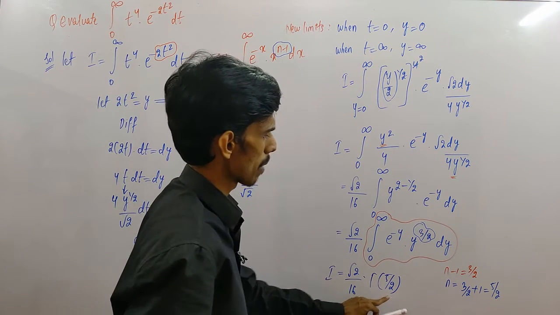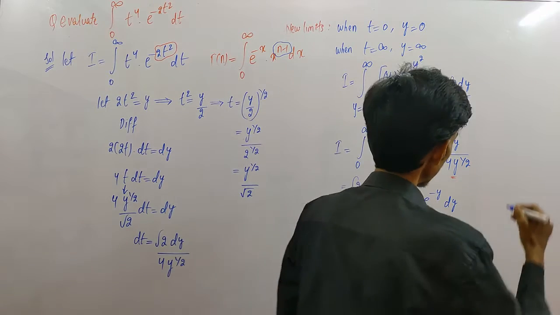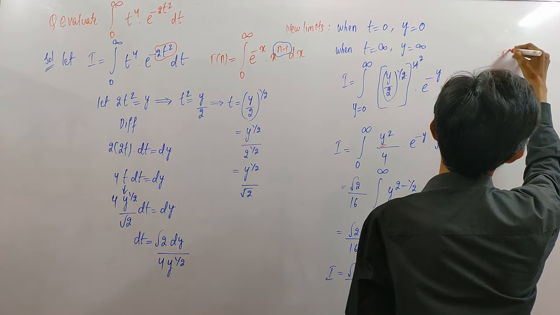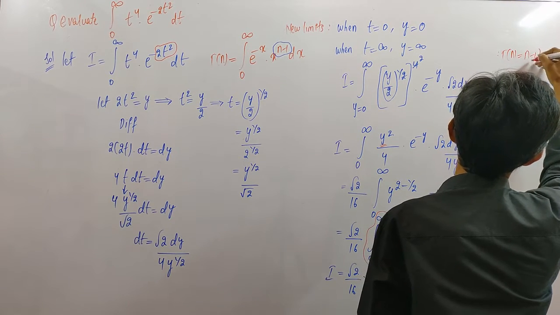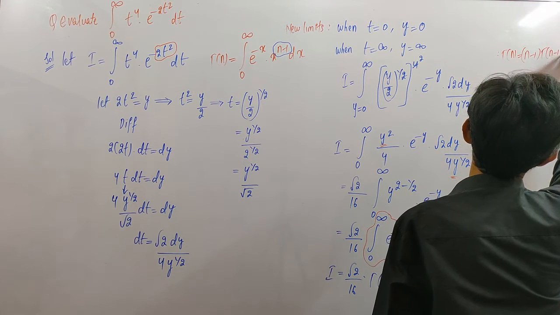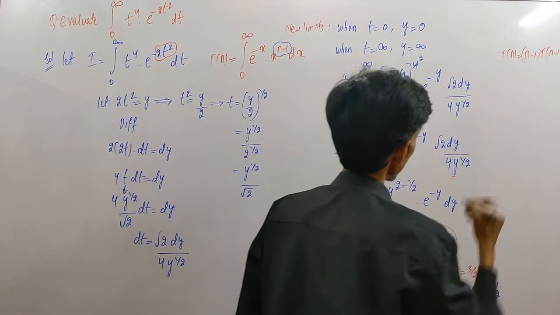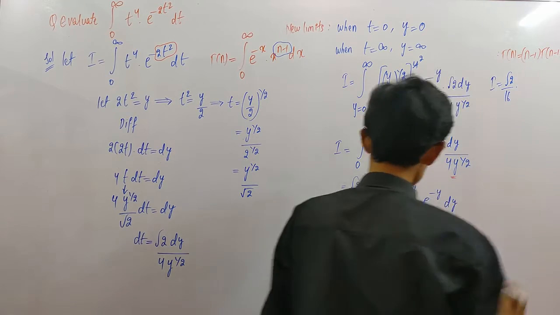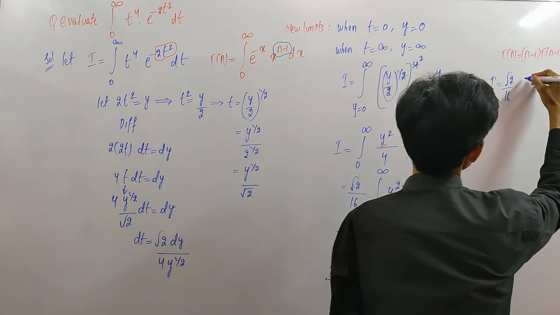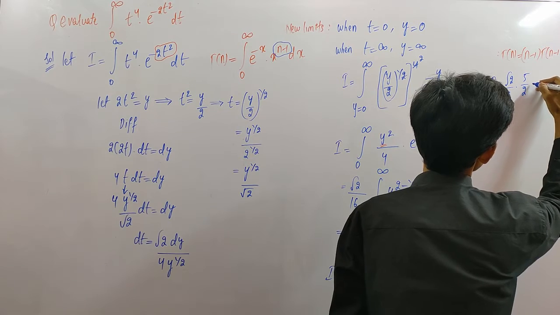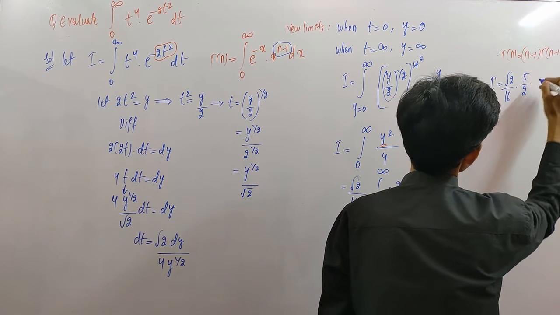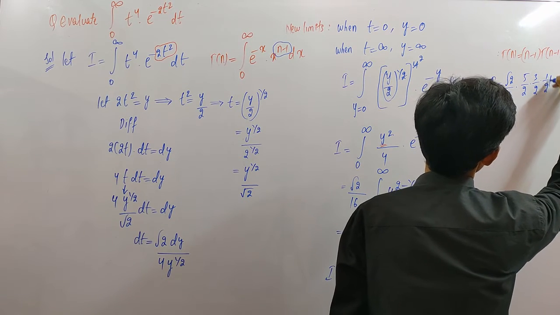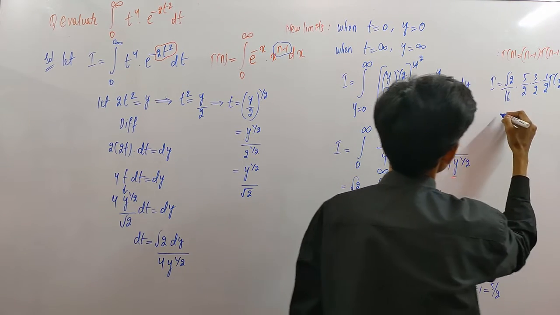We can solve this gamma function as, we know that gamma of n can be written as n minus 1 into gamma of n minus 1. So this integral I is equal to root 2 divided by 16. Gamma of 5 by 2 can be written as 5 by 2 into 3 by 2 into 1 by 2 into gamma of 1 by 2.